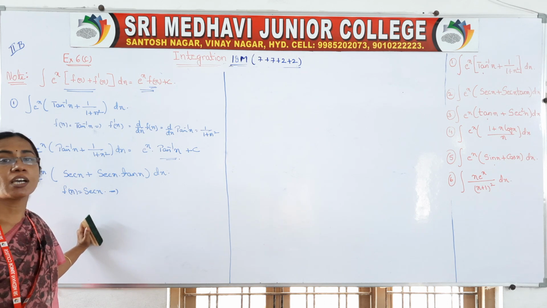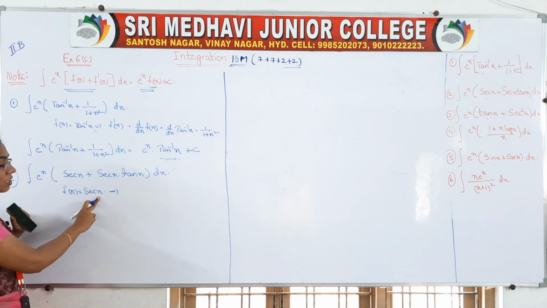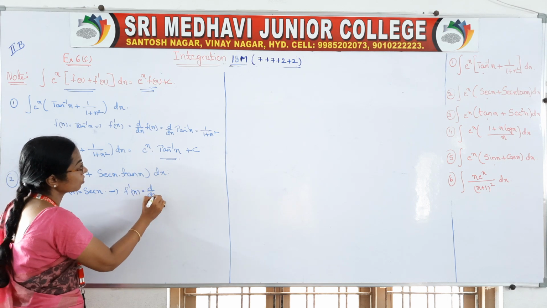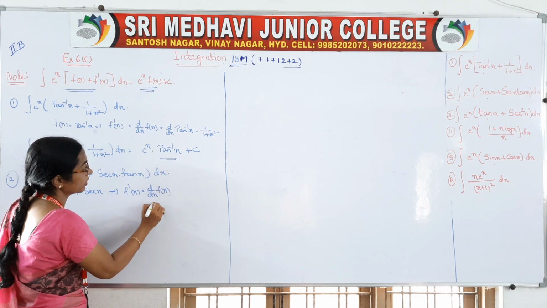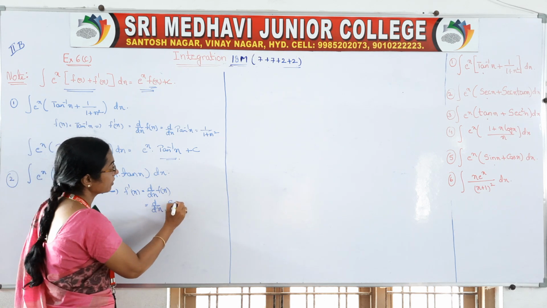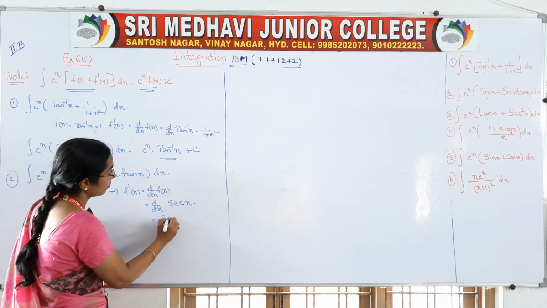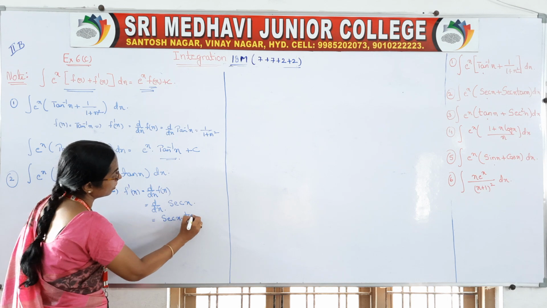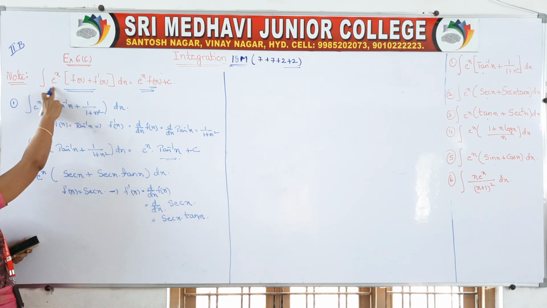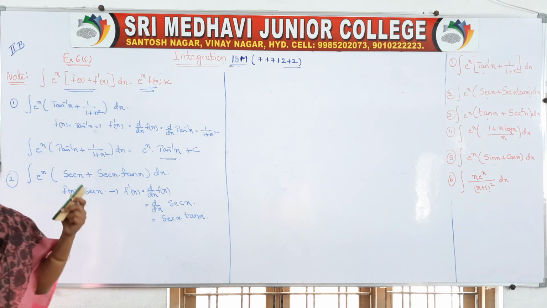Even in the substitution method also we are using differentiation formulas. Differentiation and integration are reverse processes, right? So f of x is equal to secant x, f dash x is equal to d by dx of f of x, and d by dx of secant x is secant x into tan x. So observe now we have it in the form integral e to the power of x f of x plus f dash x dx.